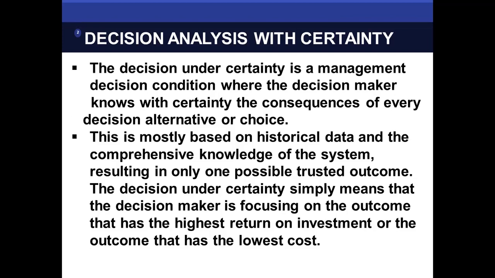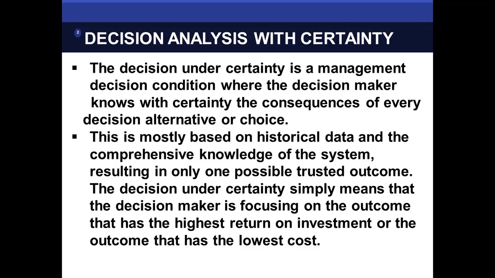So decision analysis under certainty is mostly based on historical data and comprehensive knowledge of the system. It usually results in only one possible trusted outcome being the final decision to be made. Decision under certainty simply means that the decision makers are focusing on the outcome that has the highest return on investment or the outcome that has the lowest cost.